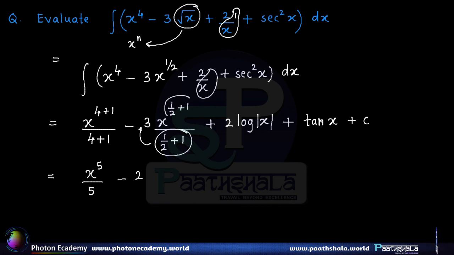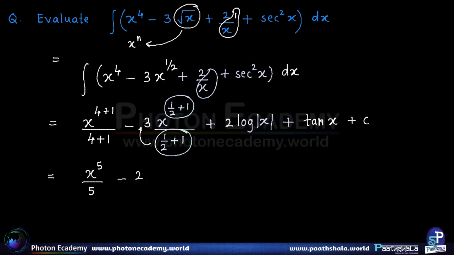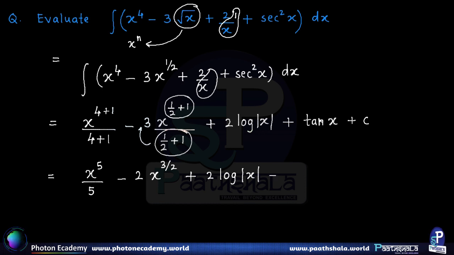And for x, we have the index as once again 1 by 2 plus 1, that is 3 by 2. So therefore that becomes x raised to 3 by 2, plus 2 log x, plus tan x, plus c. So that is the final answer.